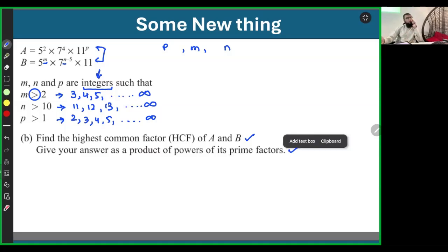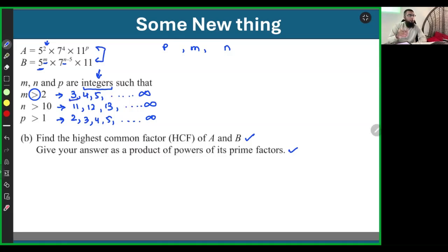Now, for the highest common factor, I need to pick the minimum power. Got it? So I was having common here 5. This 2 power is certain. M is a variable. Variable ki value kya hai? The minimum power which I can take for M is 3. Yahan dekho.